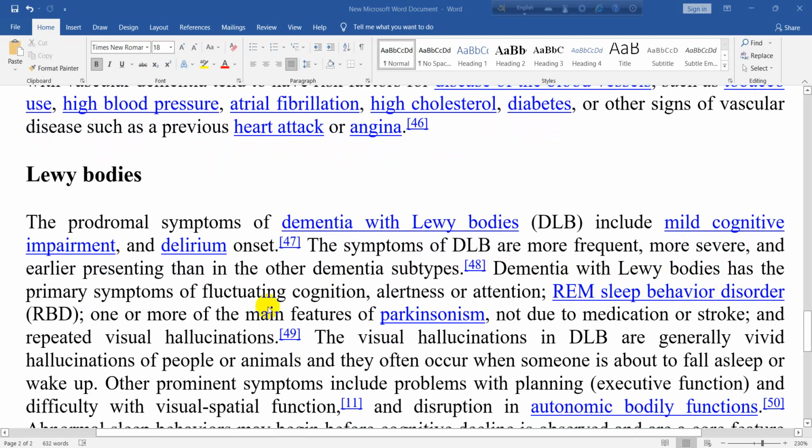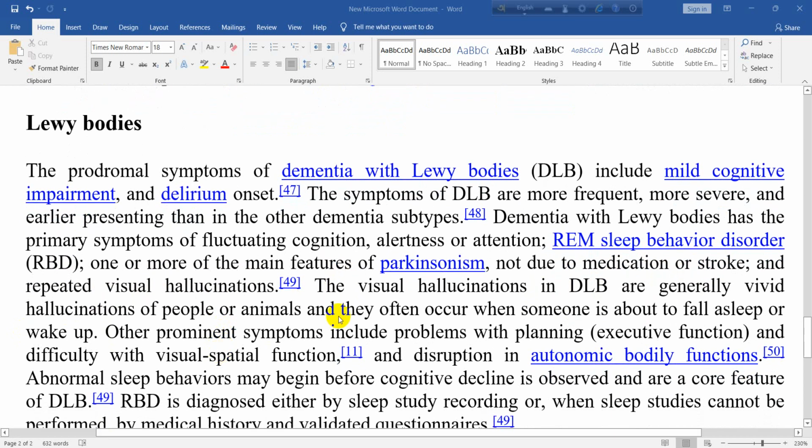Dementia with Lewy bodies has the primary symptoms of fluctuating cognition, alertness or attention; REM sleep behavior disorder, RBD; one or more of the main features of Parkinsonism, not due to medication or stroke; and repeated visual hallucinations. The visual hallucinations in DLB are generally vivid hallucinations of people or animals, and they often occur when someone is about to fall asleep or wake up.